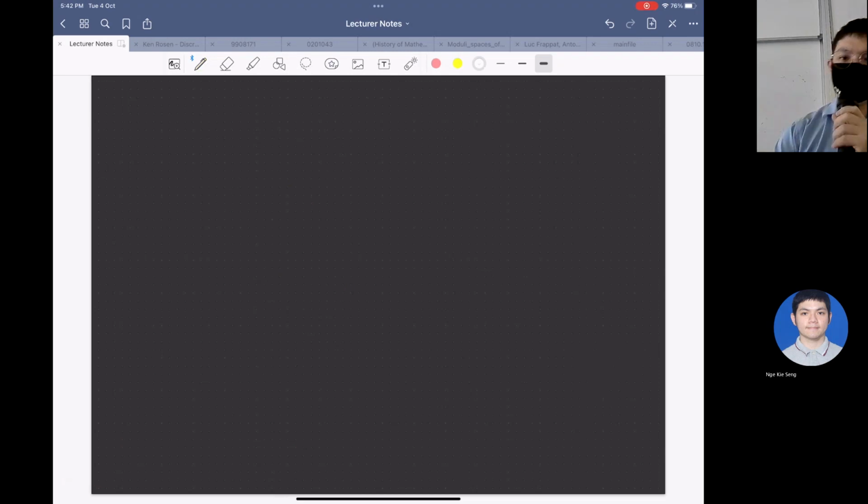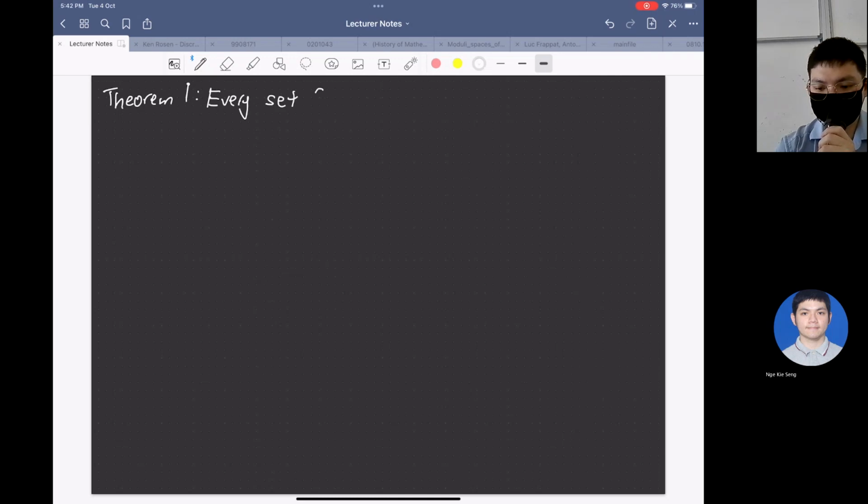So the first theorem we're going to prove is about the subsets of every set. The claim here is that every set X must contain at least 2 subsets.